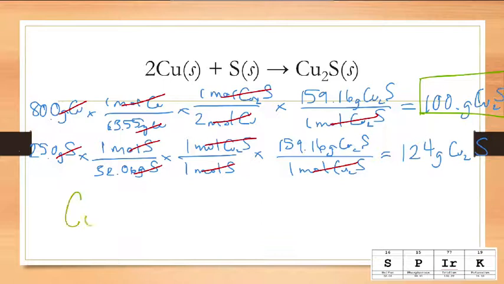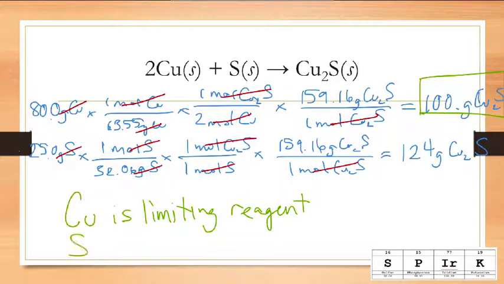So copper is our limiting reactant or reagent, which means that sulfur is our excess reagent, because copper produced less.